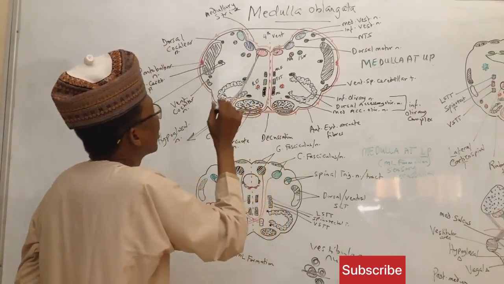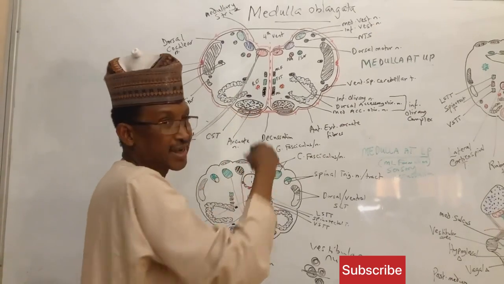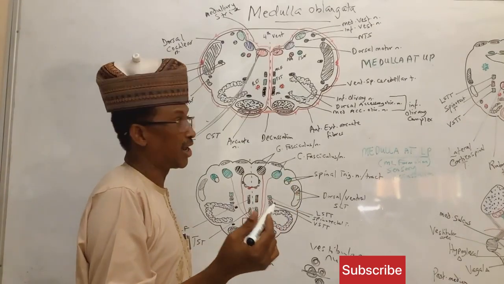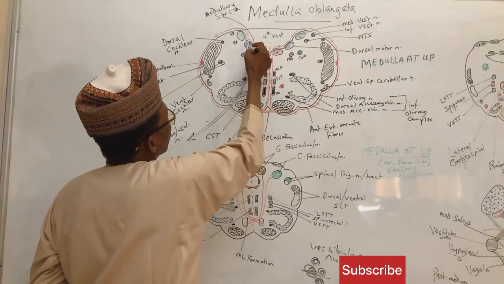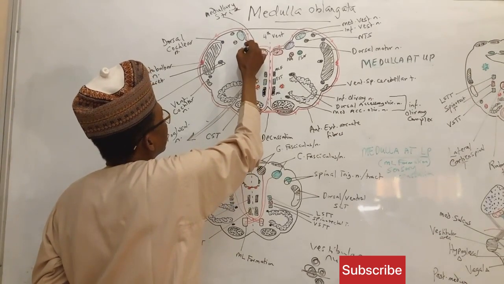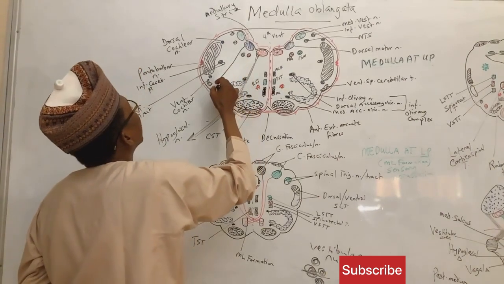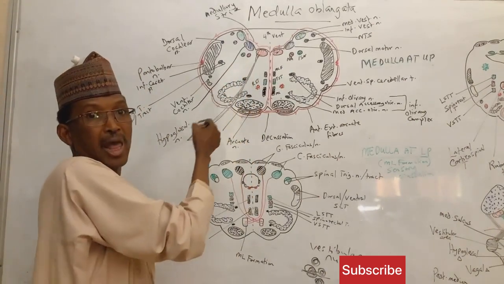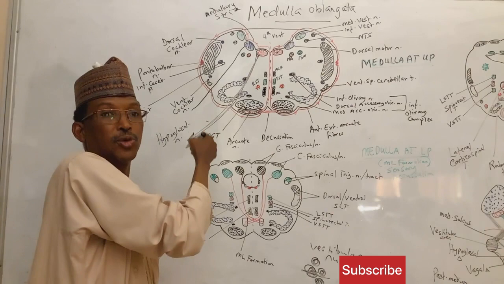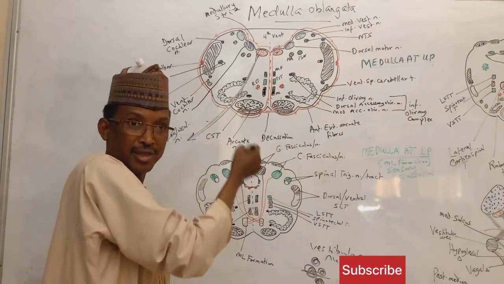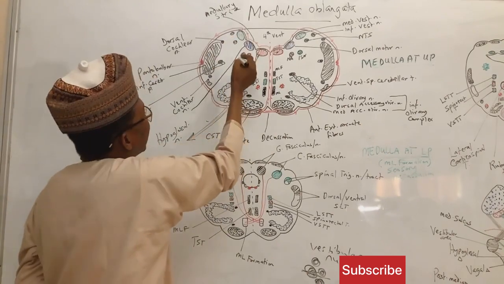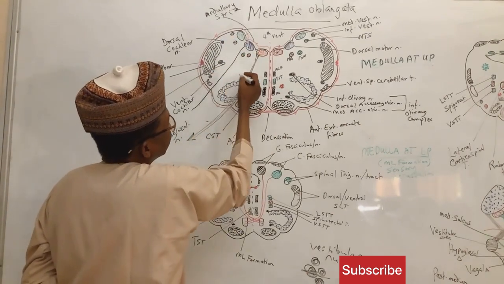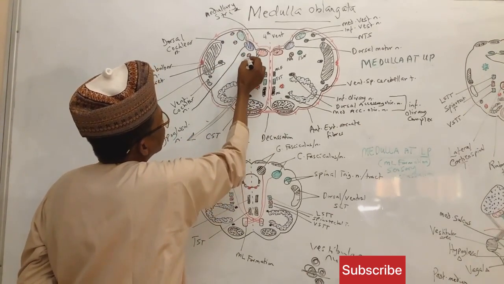So if we want to connect the glossopharyngeal nerve, for example, we have to take, number one, the dorsal motor nucleus, which is this one. Are you clear? So it comes out of the posterior lateral sulcus. So we have the dorsal motor nucleus, and then we also have the nucleus ambiguus, which is this one.